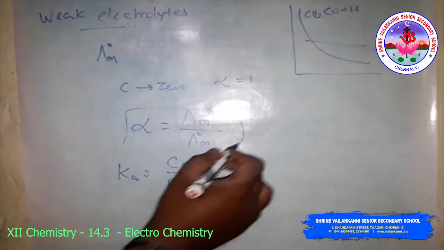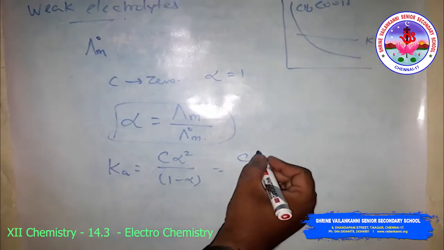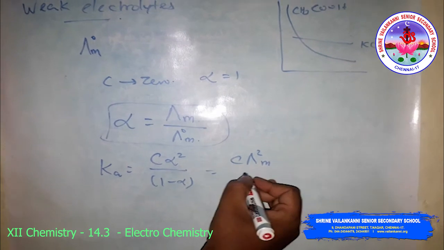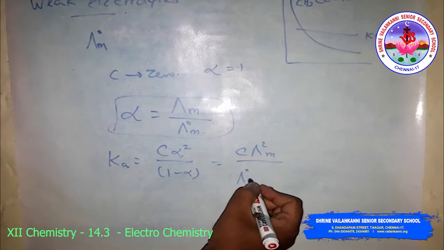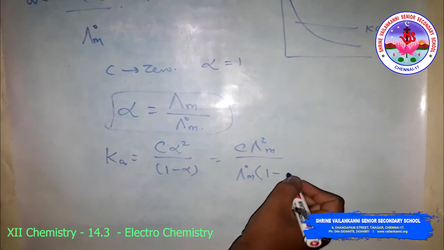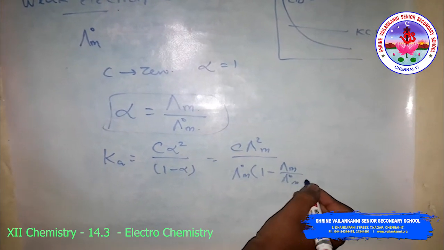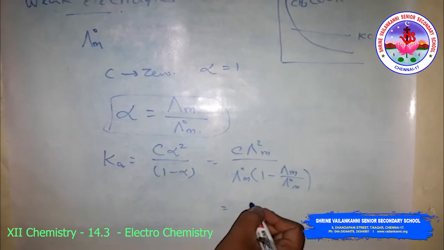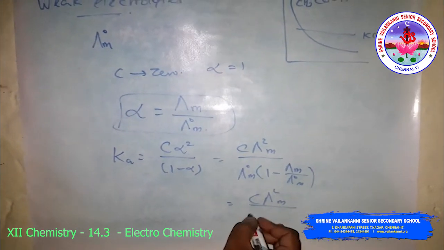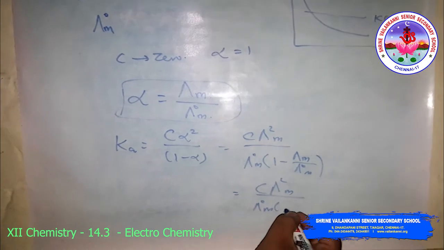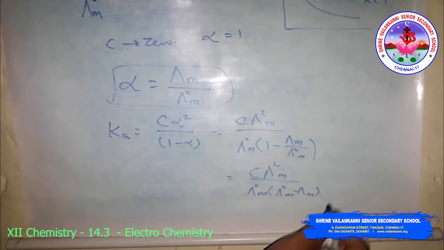Now substitute the alpha value in this equation and you will get Ka equal to C lambda m square divided by lambda naught m times (lambda naught m minus lambda m).